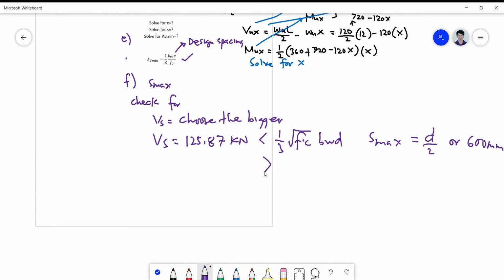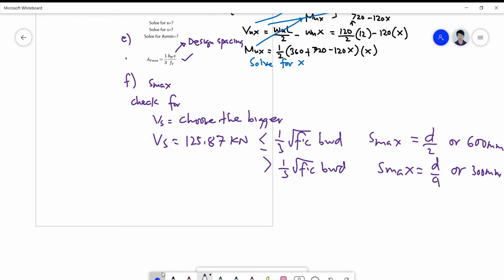And if it is greater than 1/3, we choose S max is equal to D over 4 or 300 millimeter.